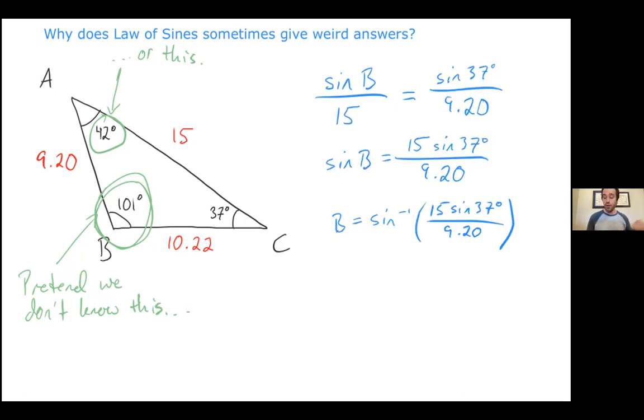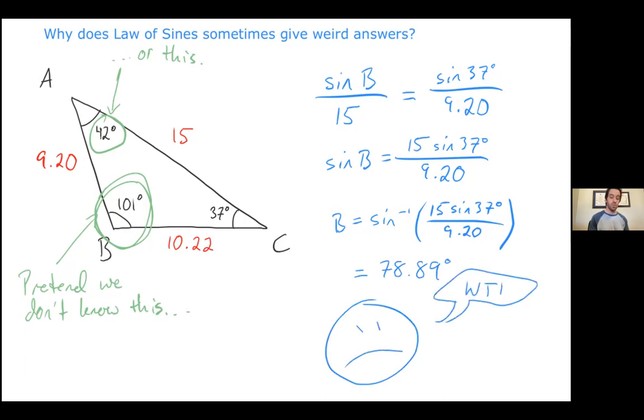Now, what I get here is just so strange. I didn't make any mistakes with putting it into my calculator. I put in all the right keys. I closed all the parentheses, stuff like that. So the measure of angle B, according to this, is going to be 78.89 degrees. That seems like it should not happen, right?